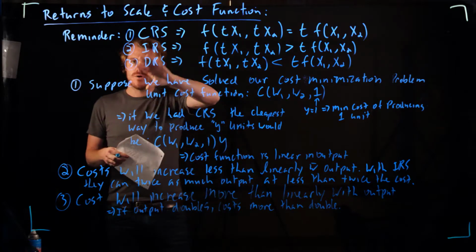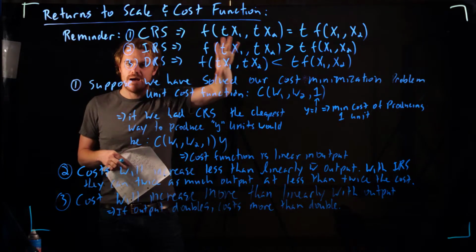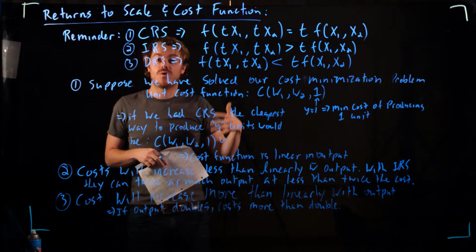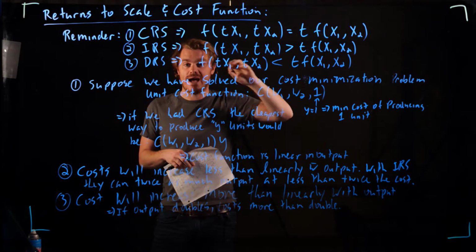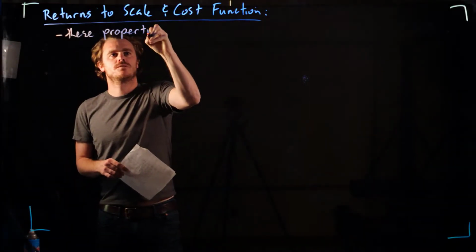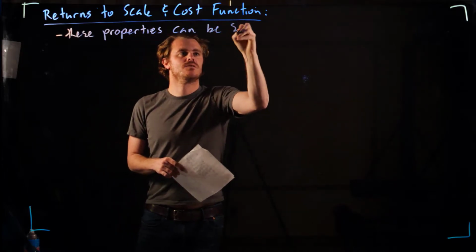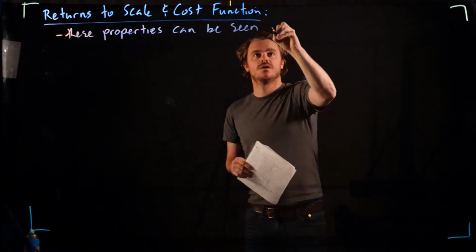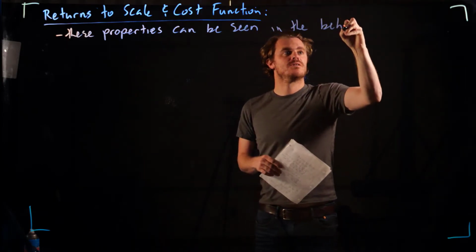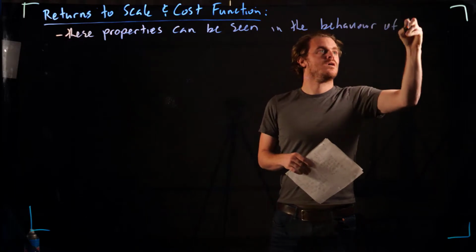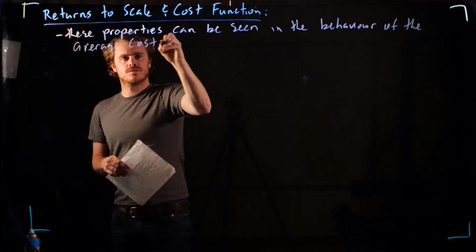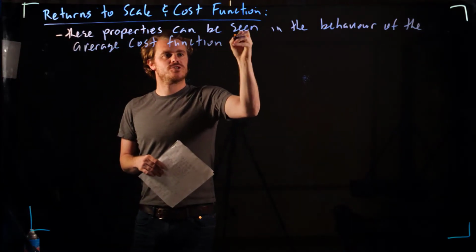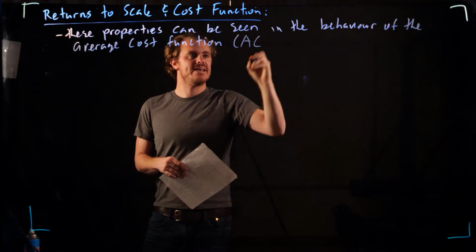And we're going to be able to summarize this relationship with what happens to the average cost of producing one of these units of production. So let's erase this board and talk about average cost. This can be seen in the behavior of the average cost function, which in first year you probably saw represented by AC as well, average cost.